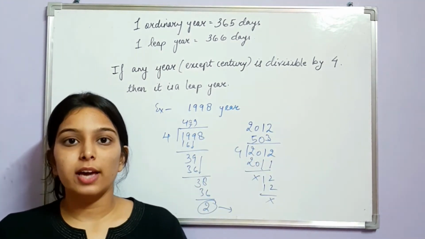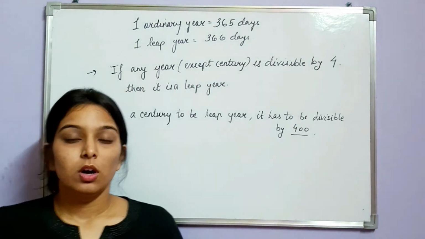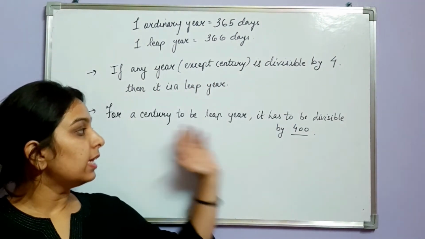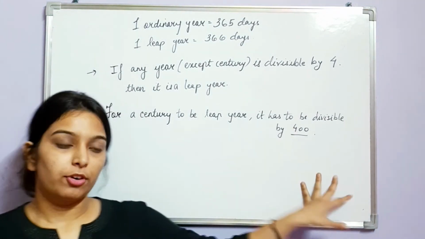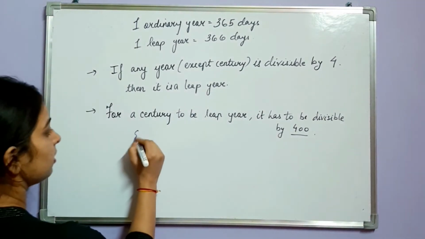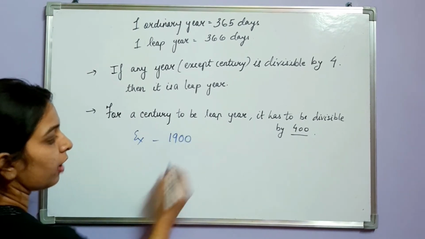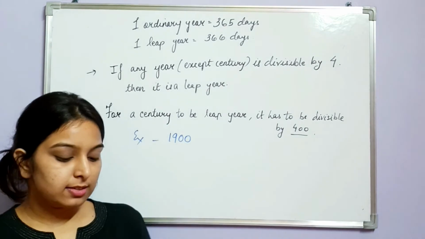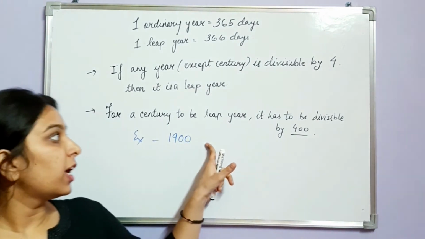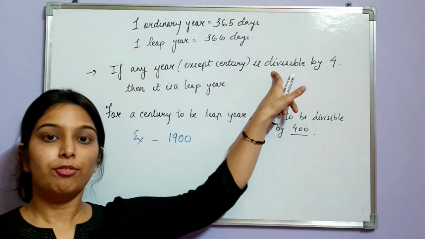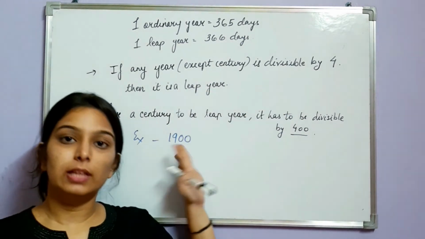Now the question arises, what will be the case of century? So for a century to be a leap year, it has to be divisible by 400. For example, let's take 1900. Now we can see 1900 is a century year. This means we cannot apply the first concept to find out whether 1900 is a leap year or not.